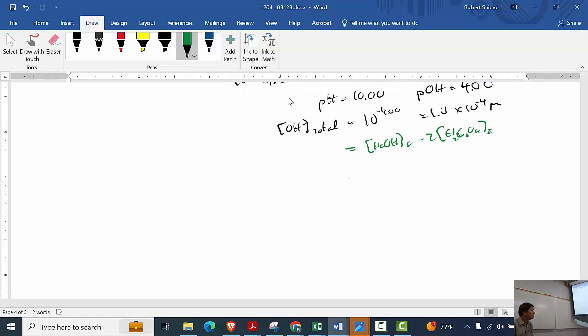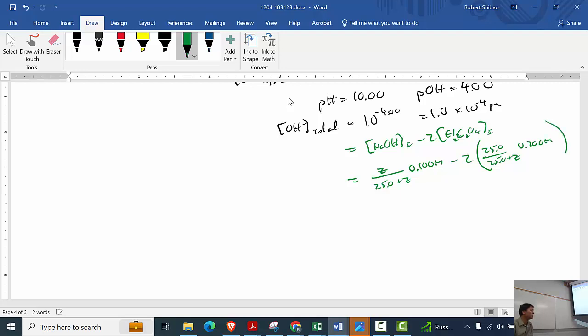And the initial sodium hydroxide concentration, we don't know how much sodium hydroxide, is equal to Z over 25.0 plus Z times 0.100 molar. This is minus 2 times the initial concentration of oxalic acid. The oxalic acid is 25.0 over 25.0 plus Z dilution of 0.200 molar.